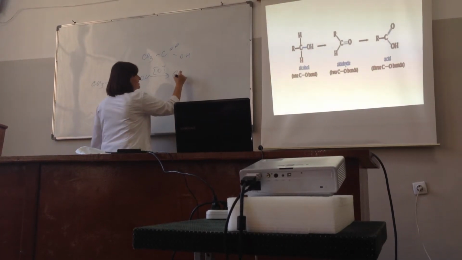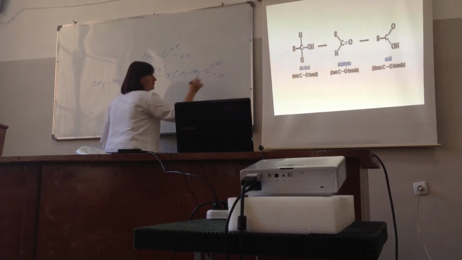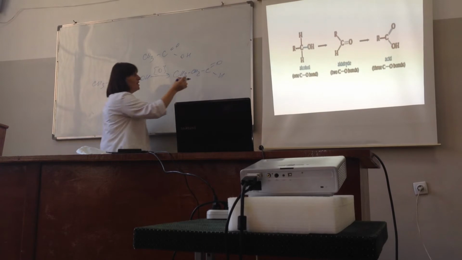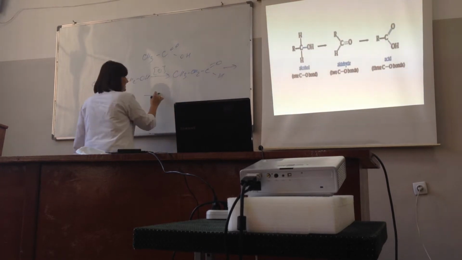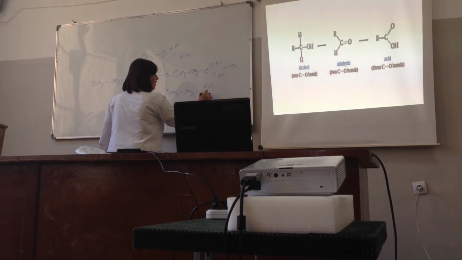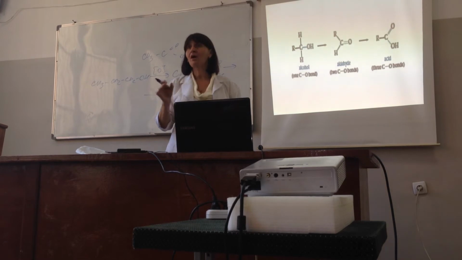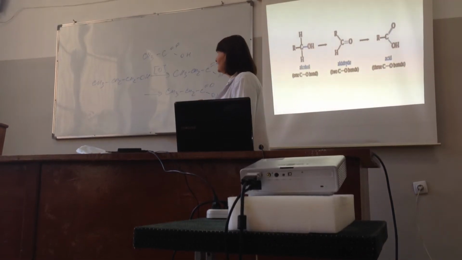So here you get CH3CH2COH, first of all the aldehyde, and the second step is oxidation of the aldehyde, CH3CH2COOH.